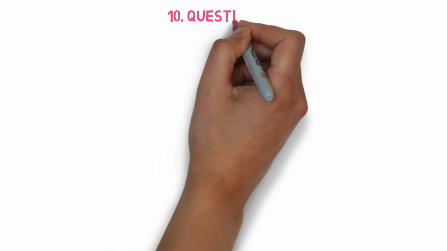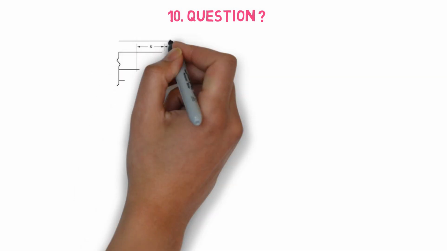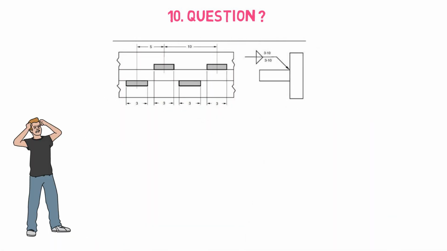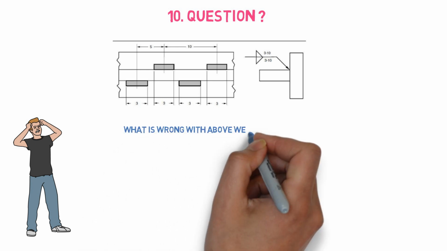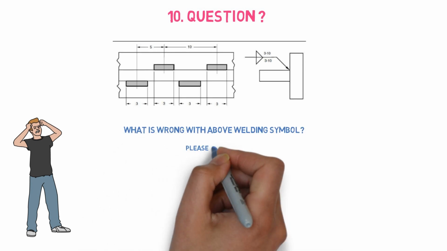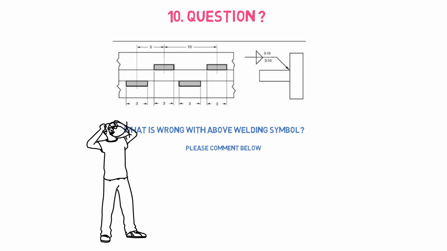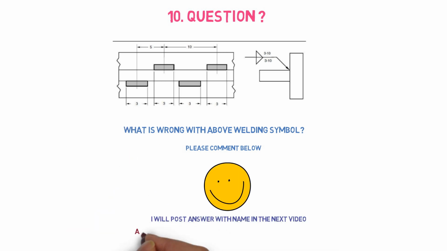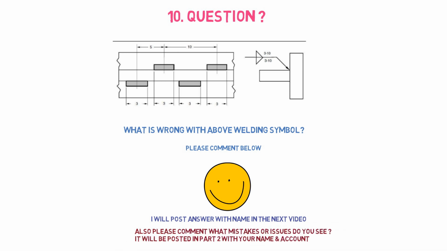The last and final error is about the welding symbol, as you can see from this picture. However, I am not going to explain what is the error considering the welding symbol with the actual welded connection. I would request you guys as my viewers or as my subscribers to see this welding symbol, to see this welded connection, and let me know in the comment section below what is wrong with this connection or what is wrong with this welding symbol, or if it is just right.